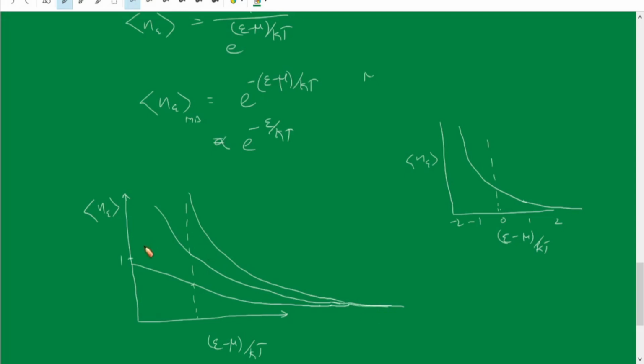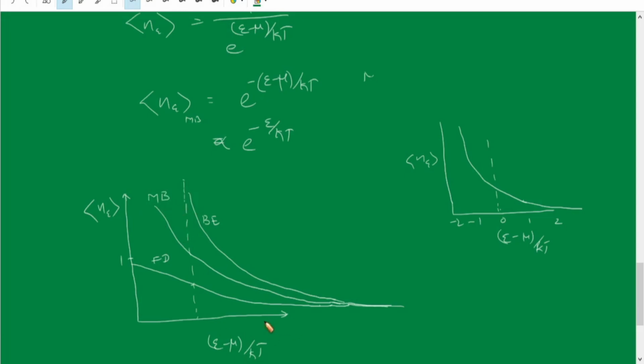The first case is Fermi-Dirac. This is Bose-Einstein, whose value of mu is always less than E. Therefore, E minus mu is always greater than 0, so this graph will not have any part on this side. And this is for the Maxwell-Boltzmann case.